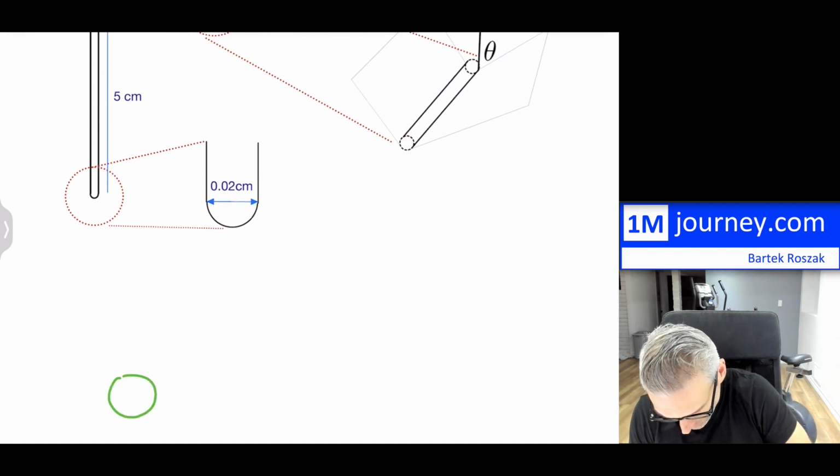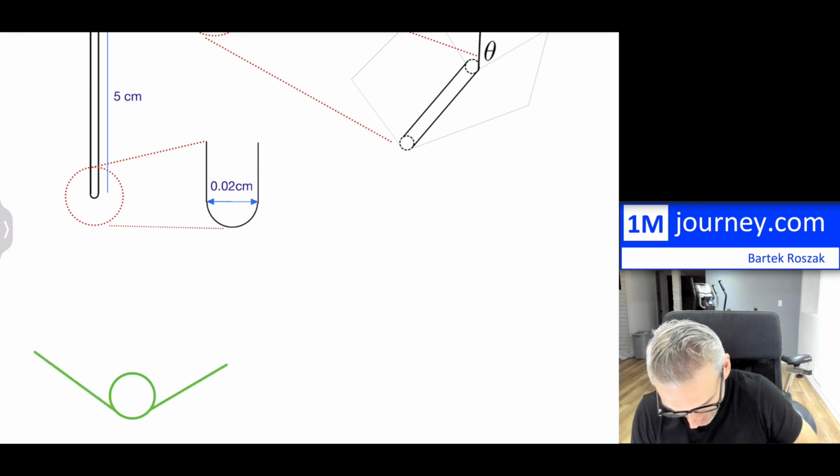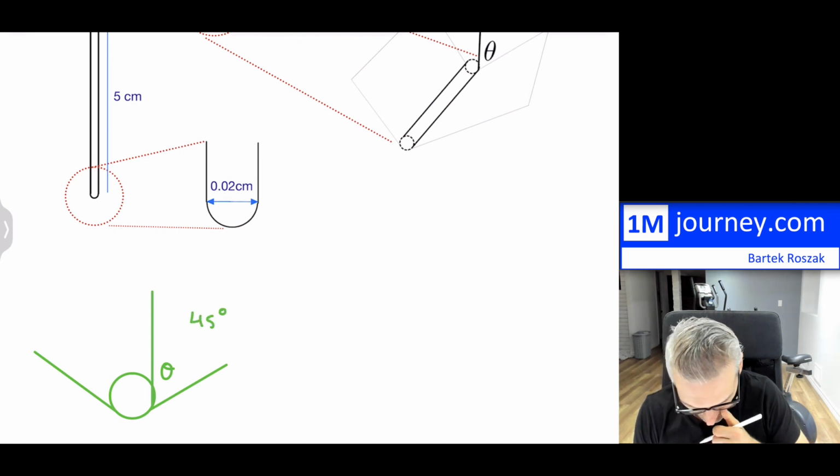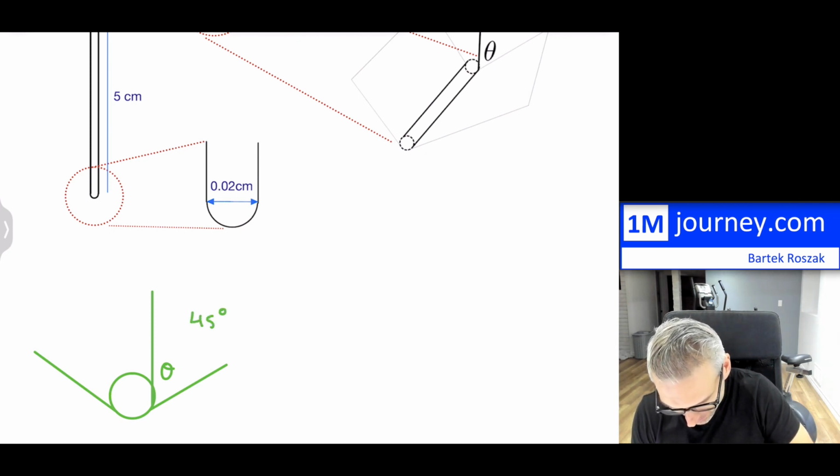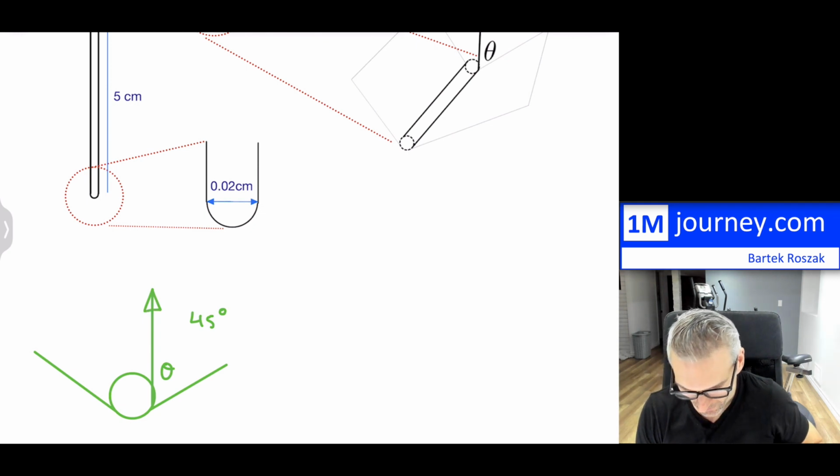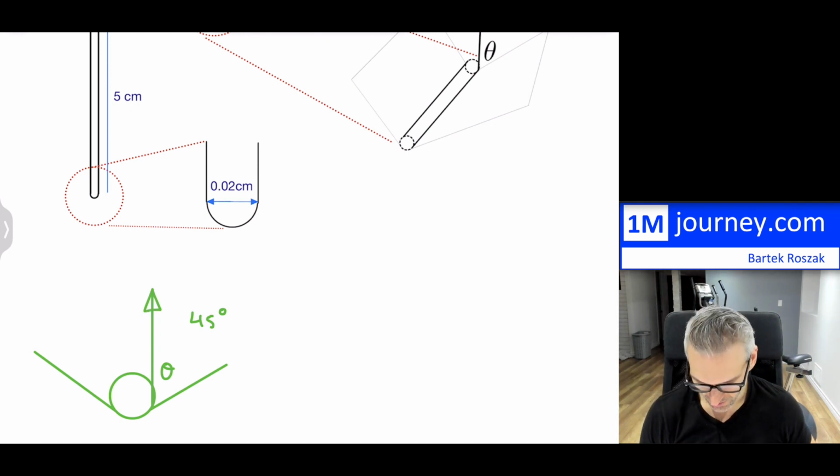If you have the pin like this, there's a bend right there, and it makes a certain angle, which in our case is 45 degrees. We need that angle because if we want to know the vertical component of the tension, we need to figure that out.